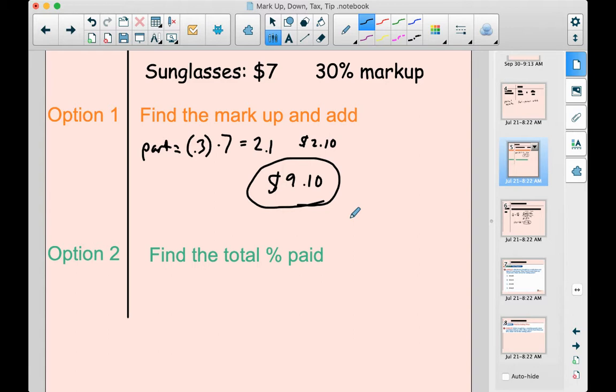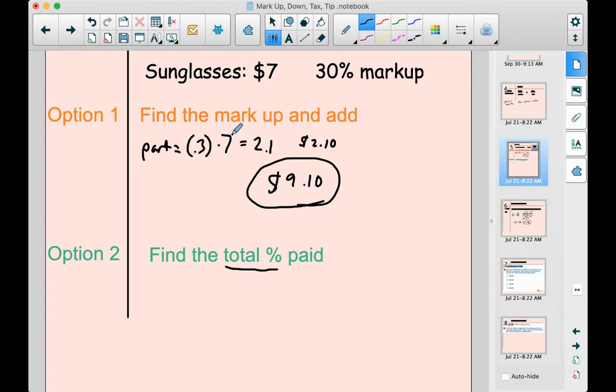All right, welcome back. So here is the idea. Hopefully some of you came up with this one. So the idea of the total percent paid. Well, if we're marking something up by 30%, that means we're going to end up paying a total of 130% of whatever we paid, right?